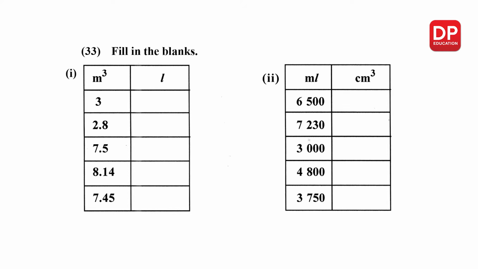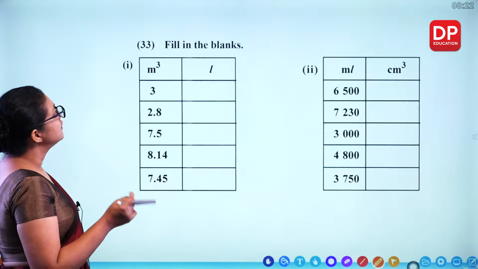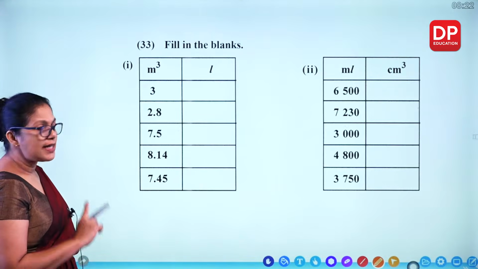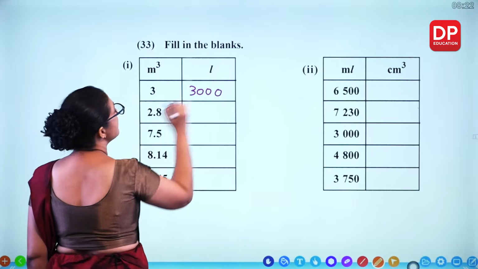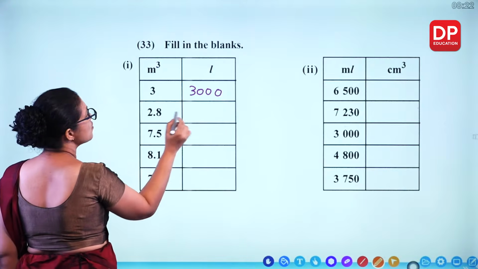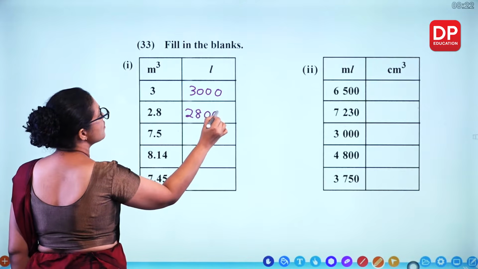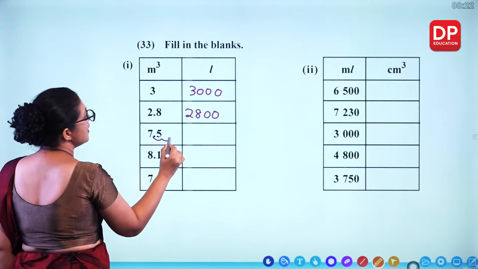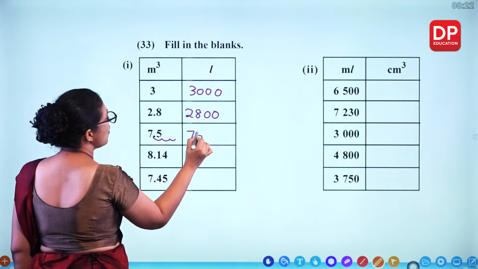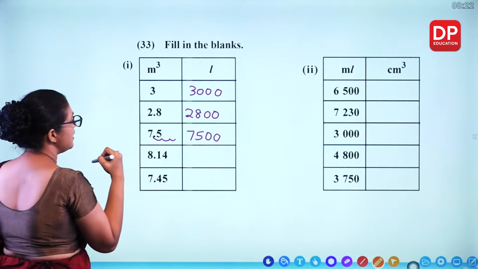Fill in the blanks. Cubic meters to liters. So 1 cubic meter, 1000 liters. So 3 means 3000 liters. Here multiply by 1000, 2800. Here multiply by 1000, 7500 liters.